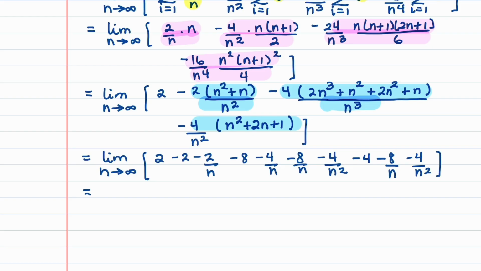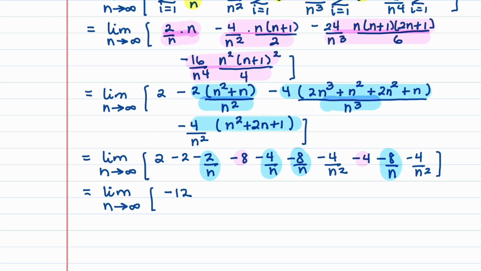Before we take our limit, let's go ahead and combine these terms. Our 2 minus 2 cancels, so for our constants, we're just going to have a minus 8 and a minus 4. So this is minus 12. Now let's look at our terms divided by n. We have minus 2, minus 4, minus 8, and a minus 8.